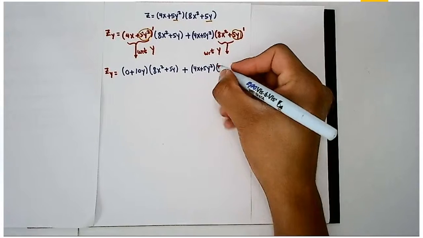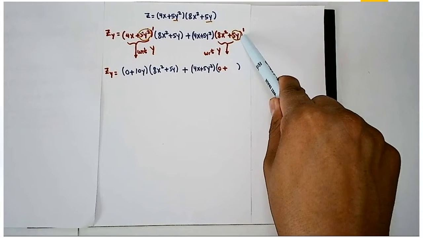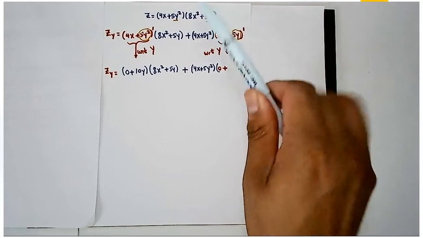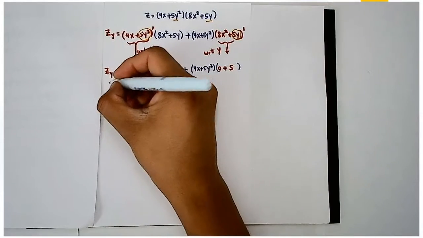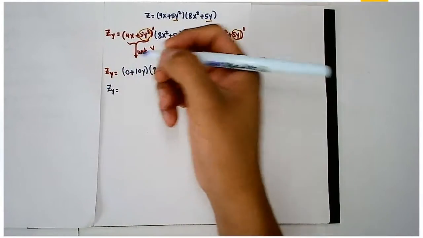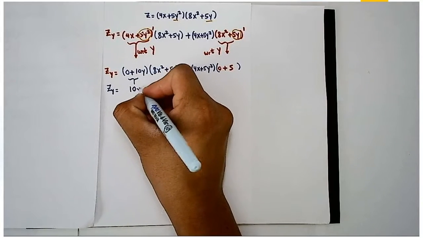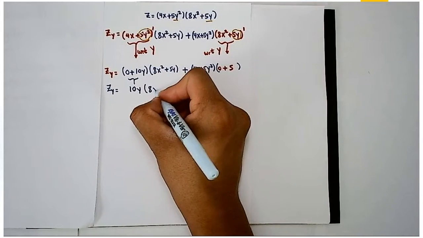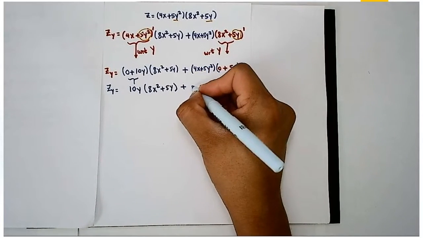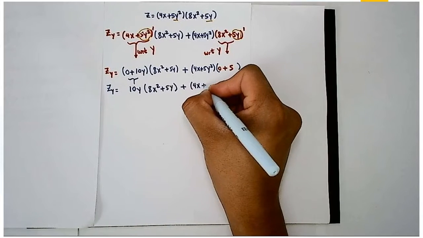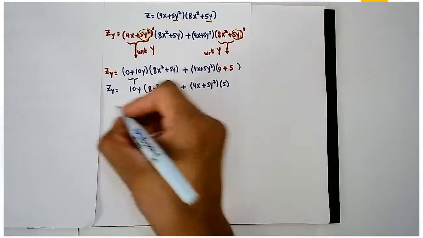So this is 0 plus the derivative of 5y with respect to y is simply 5. So zy is equal to 10y times 8x squared plus 5y, plus 4x plus 5y squared times 5.